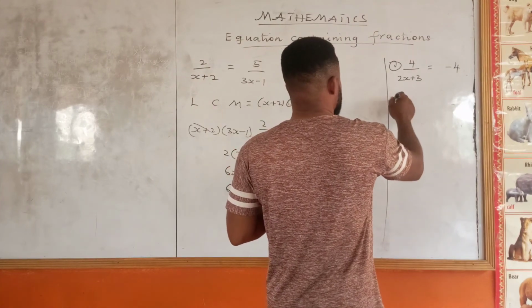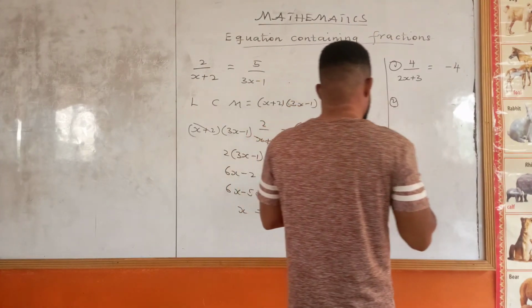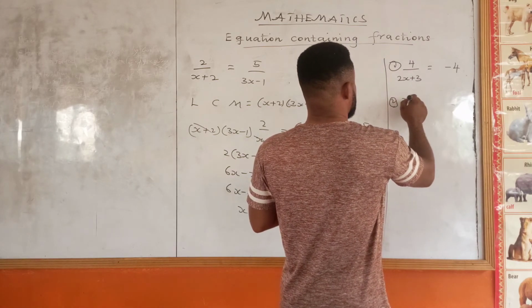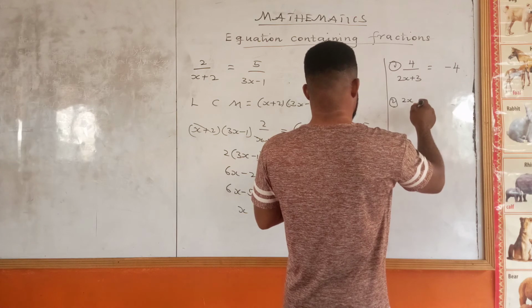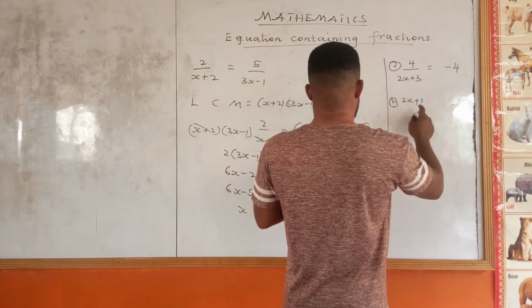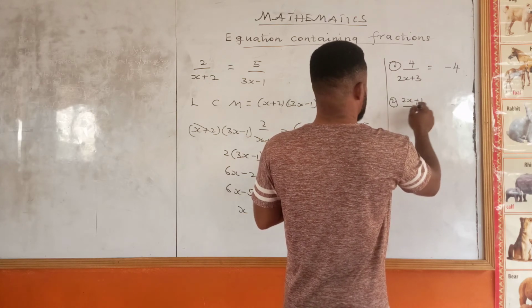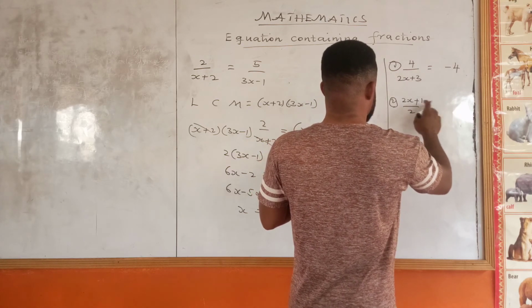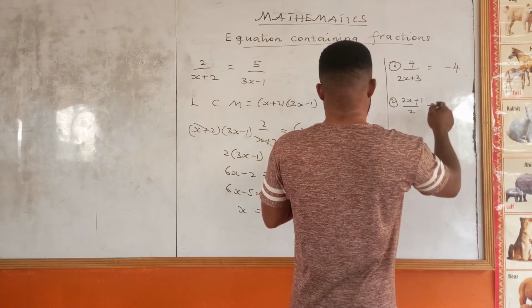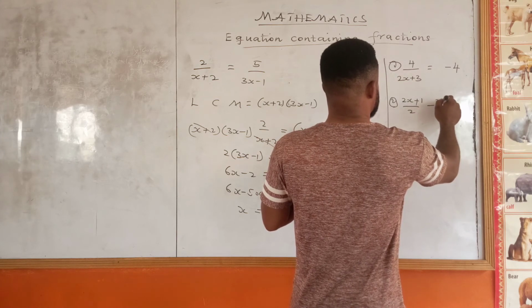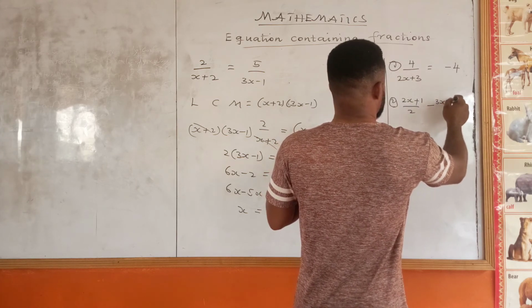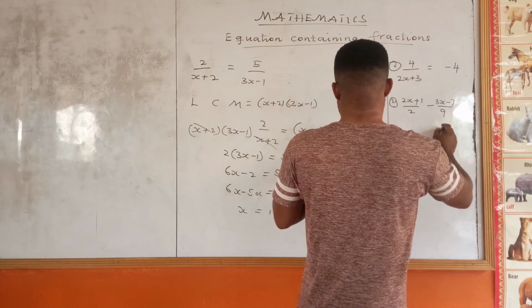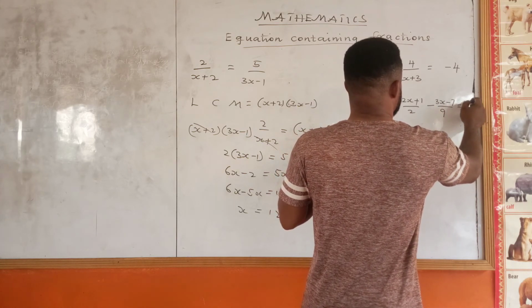Number two, 2x plus 1 over 2, minus 3x minus 7 over 9, equal to 18.